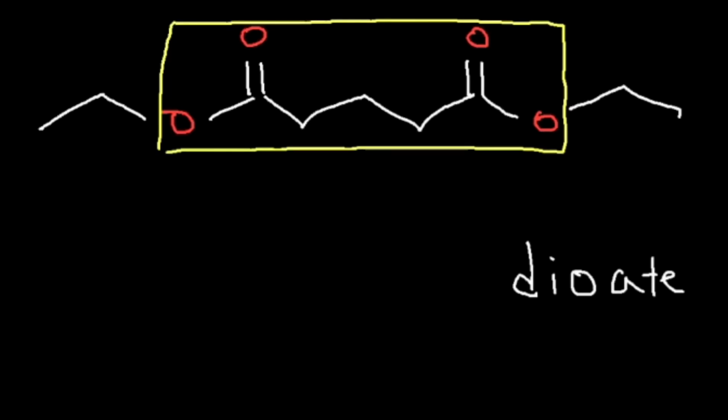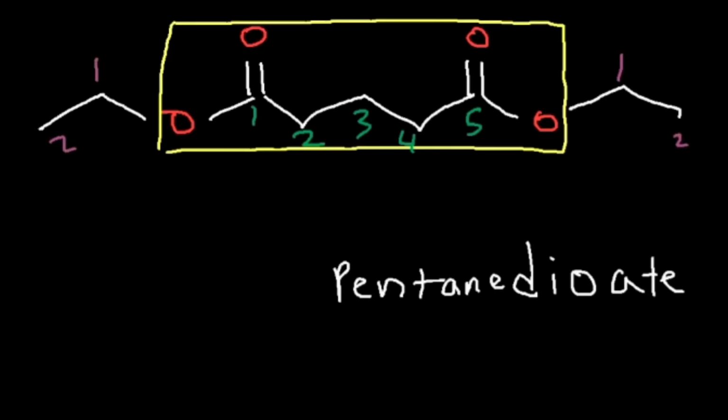So let's count those carbons. 1, 2, 3, 4, 5. 5 is pentane. So the middle portion is called pentane dioate. And we have an ethyl on the right and an ethyl on the left. So we have 2 ethyl groups. So we could say it's diethyl pentane dioate.